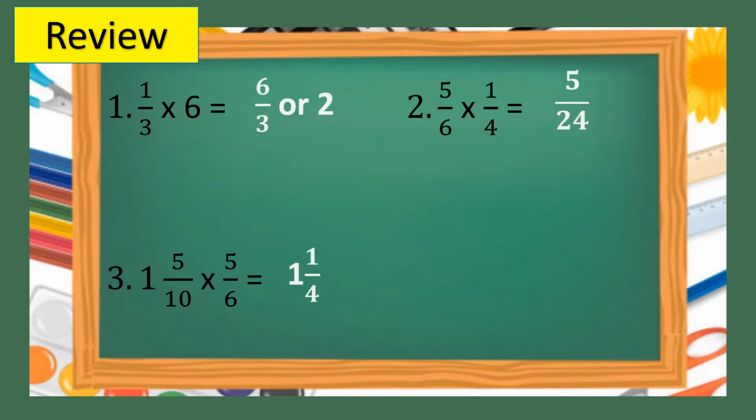Okay, 1 and 1/4. And number 4: 3 and 2/5 times 3 and 1/2 equals. Okay, so 12 and 1/5.